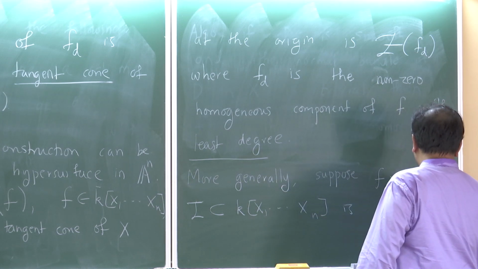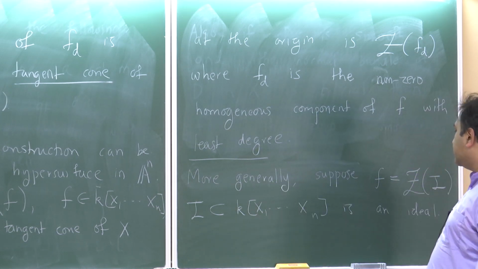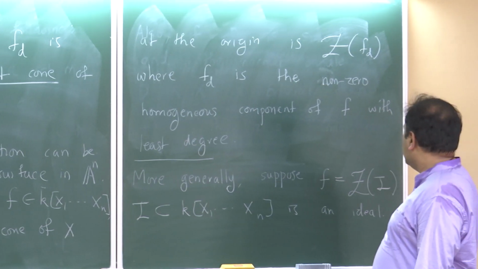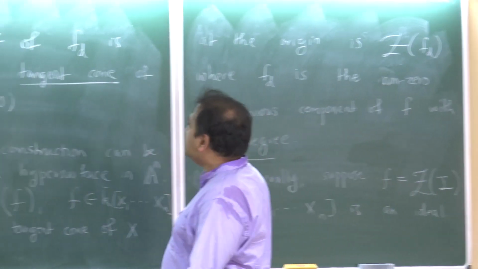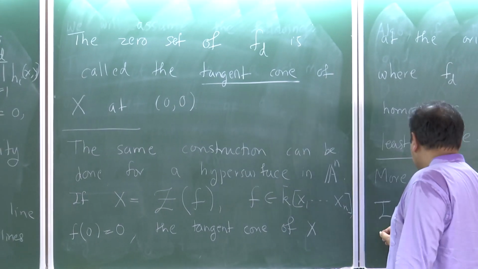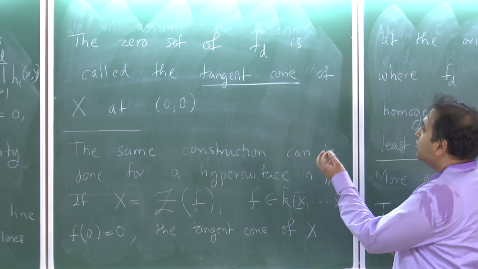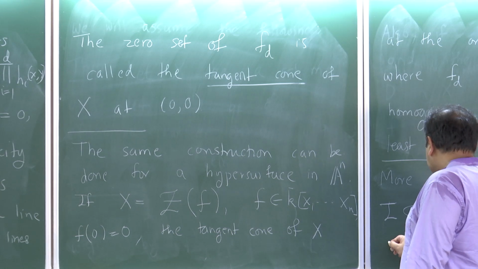So what is the corresponding thing that we can do over here? So you could take the lowest degree term, the lowest degree homogeneous component. Let's define that.